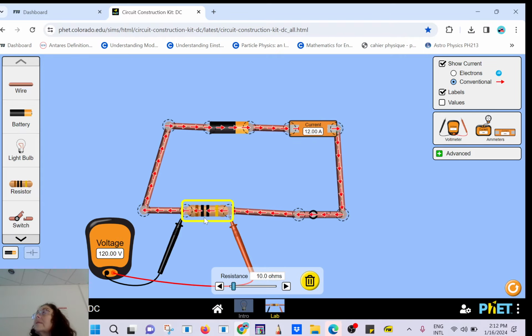What's the relationship? Voltage 120 equals 12 times 10. Very good. That's called Ohm's law.